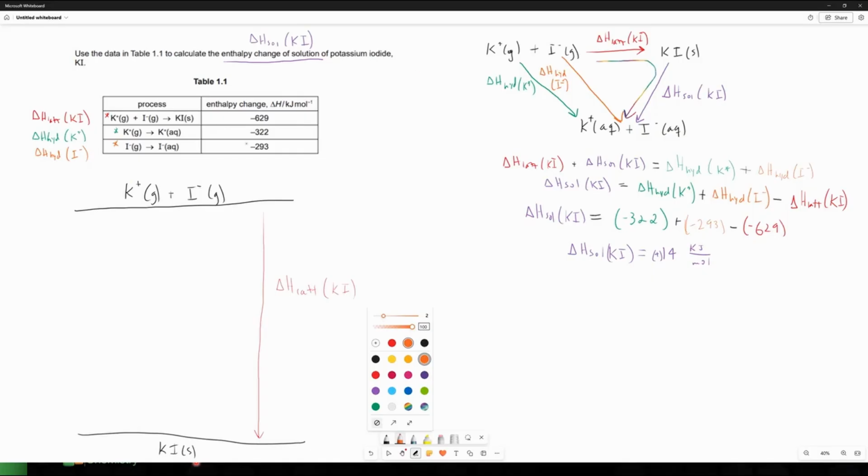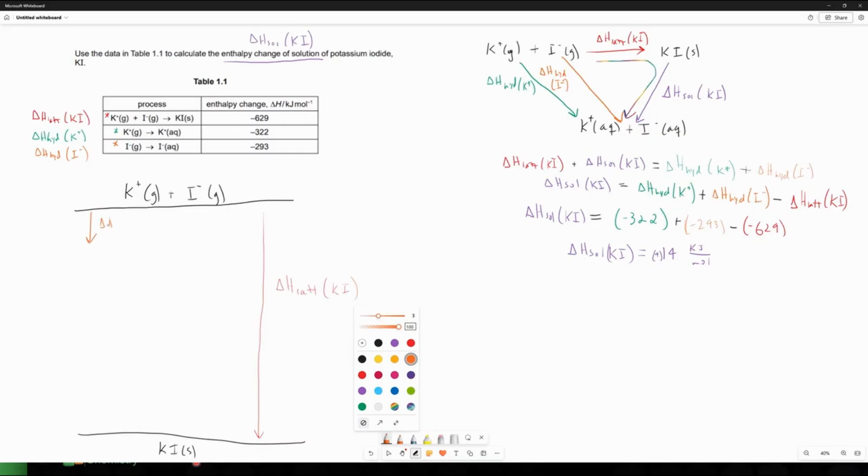Now, both of these are negative enthalpy changes, so they're going to be pointing down as well, just like our lattice energy is, which is also negative.